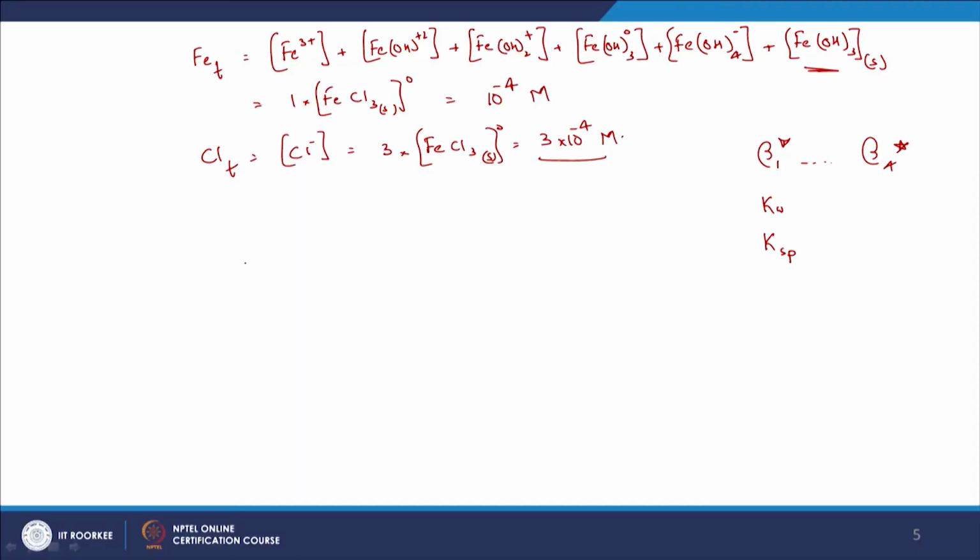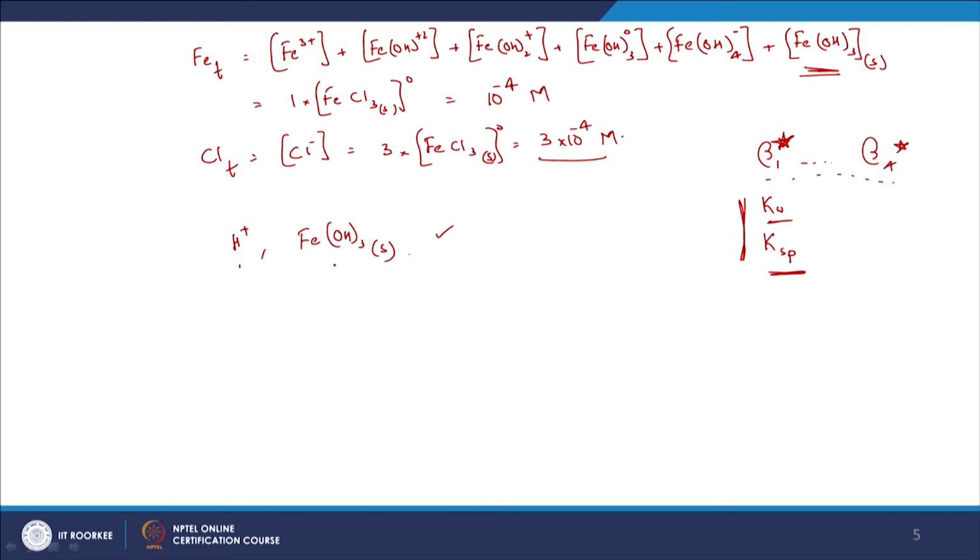I can minimize the equations such that I end up with just two equations in H plus and FeOH thrice solid. And what am I going to use? I am going to use beta 1 star to beta 4 star and the two equilibrium coefficients, Kw for water dissociation and the solubility product for this solid, and come up with two equations and two unknowns and solve for them.